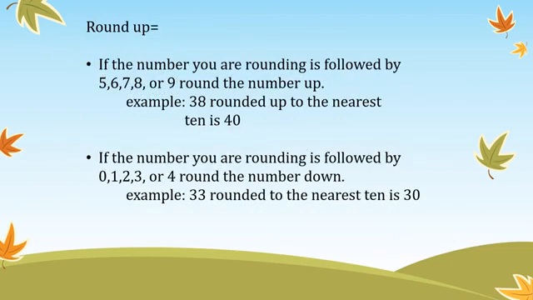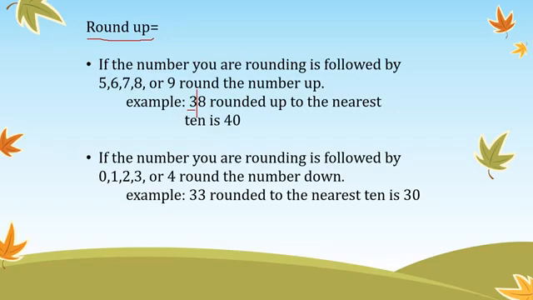When we're working with approximation and estimation, the first thing that we need to do is learn what it is to round up. We round up if the number you are rounding is followed by 5, 6, 7, 8, or 9, you're going to round one up. For example, we have 38. We're going to round up to the nearest 10. This is the nearest 10, 3.